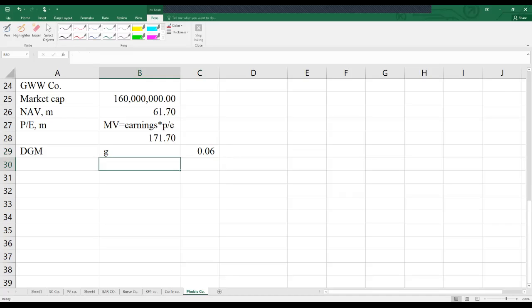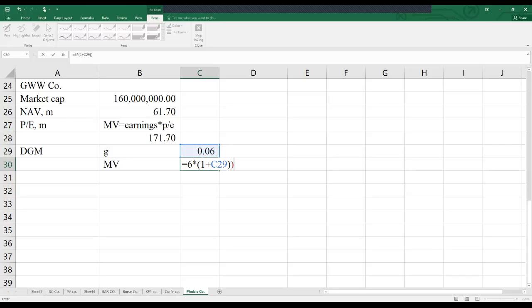Therefore, P naught, the market value of the company, is equal to D, the dividend of the company, which for 2012 is 6 million, times 1 plus G. Don't do it manually or copy it, just make a reference to the cell you just calculated. So don't put 6% in yourself.